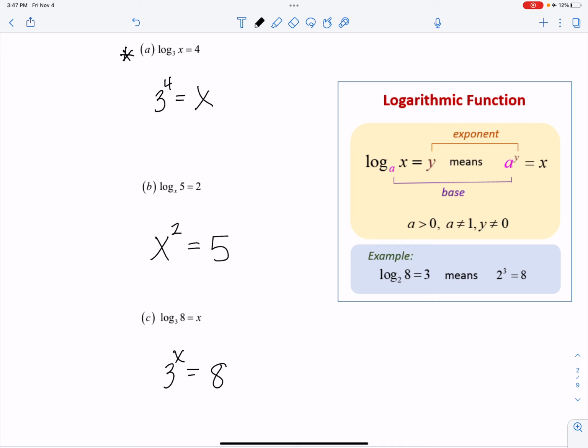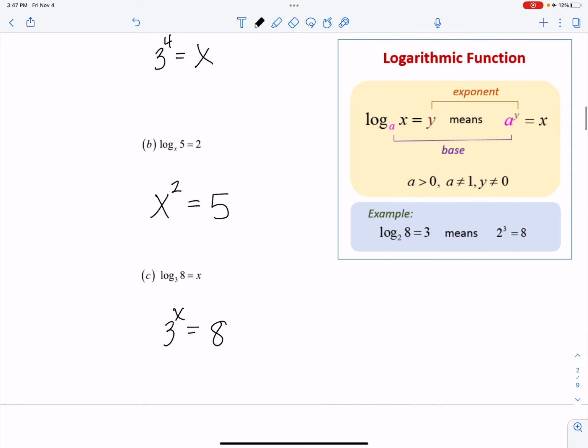But if you rewrite it as 3 to the 4th power equals x, now it's much easier for you to find a solution. 3 times 3 times 3 times 3 is going to give us the x. So by rewriting these things into a different form, we are able to solve them in a way that we're more familiar.